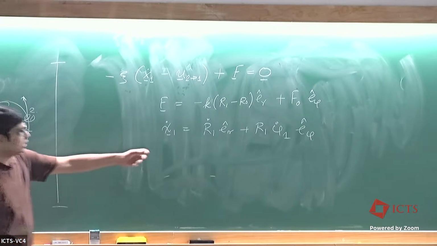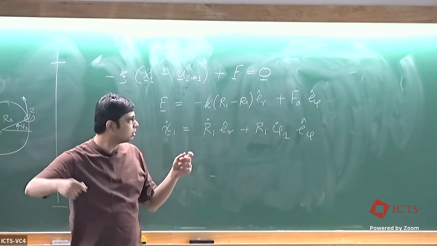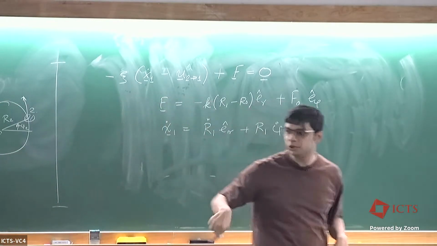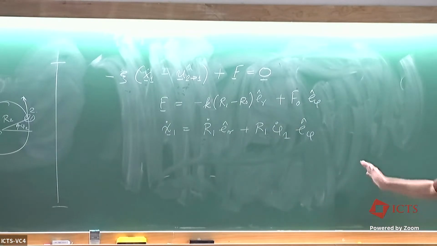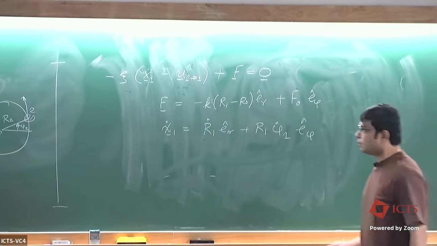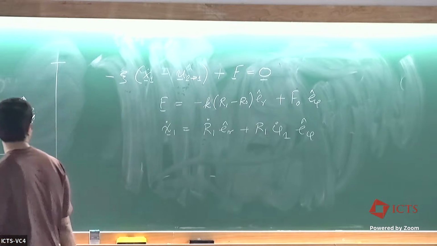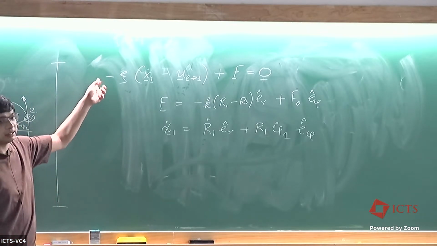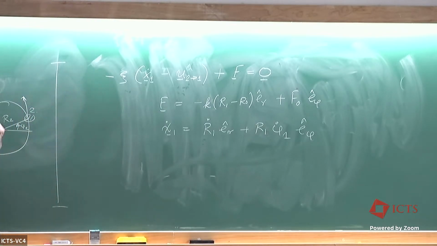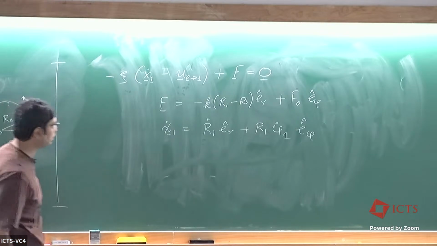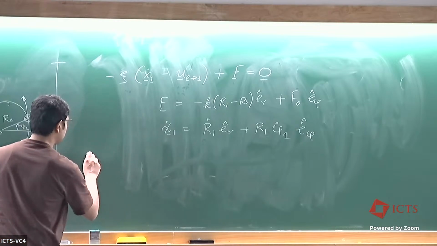There is one dynamics in the radial direction, and then there's one in the azimuthal direction. That's R1 phi1 dot. That's my angular velocity, right? All good so far? So what I can do now is project this equation in the radial direction and in the tangential direction, right? So let's do that.